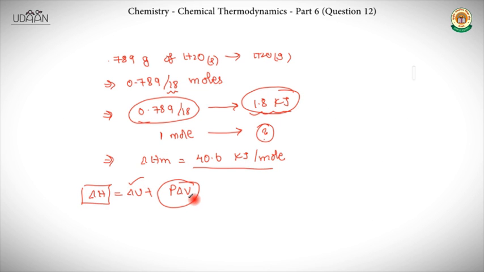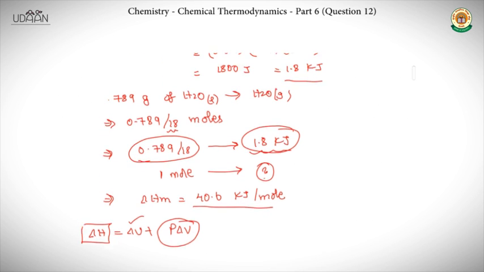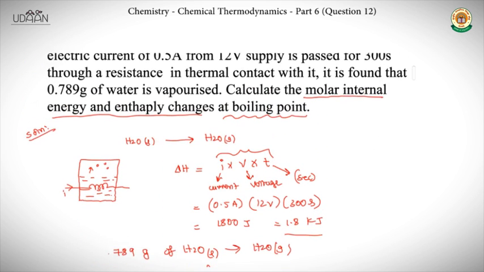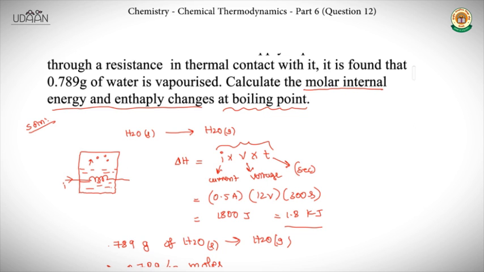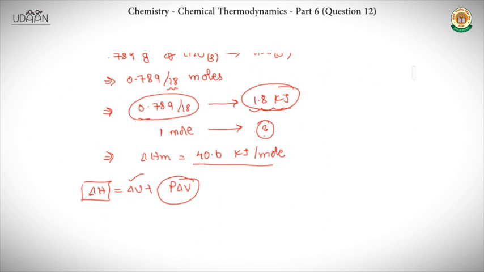So how to get P delta V? In the question we don't have any hints about pressure or change in volume. So what can we use? PV equals nRT. So delta nRT.